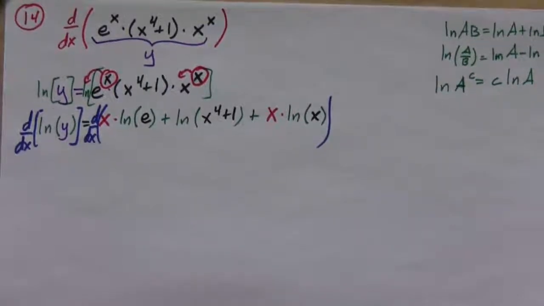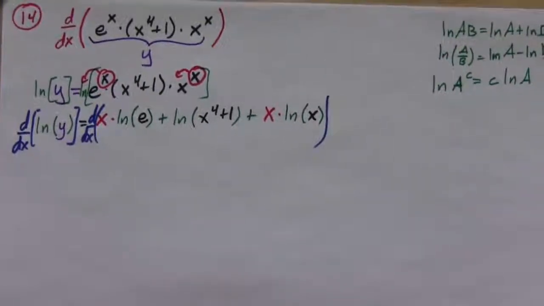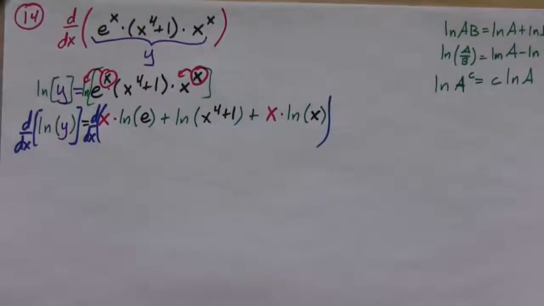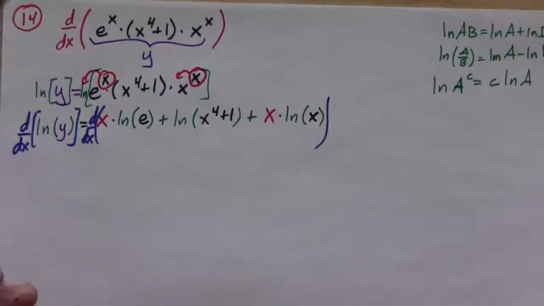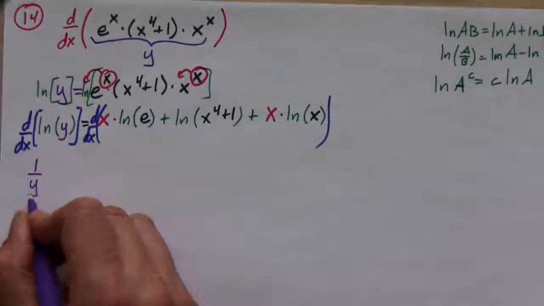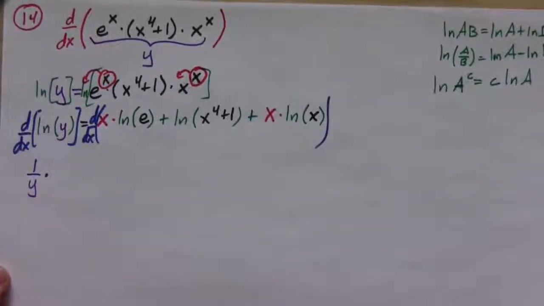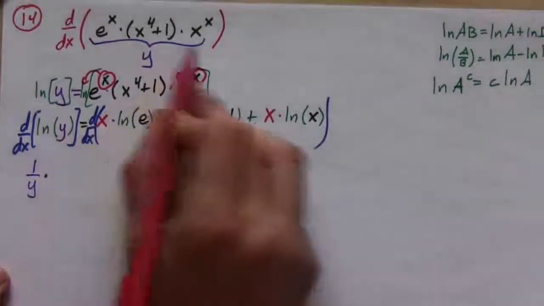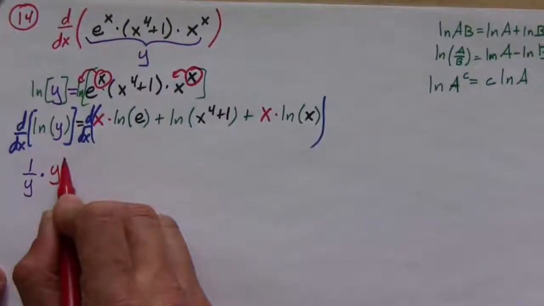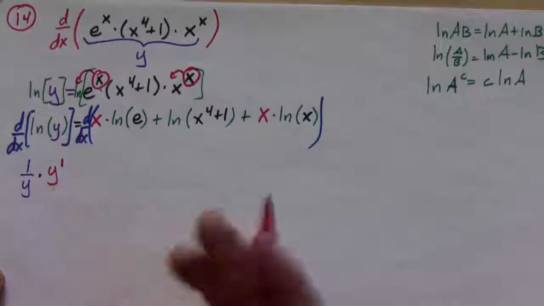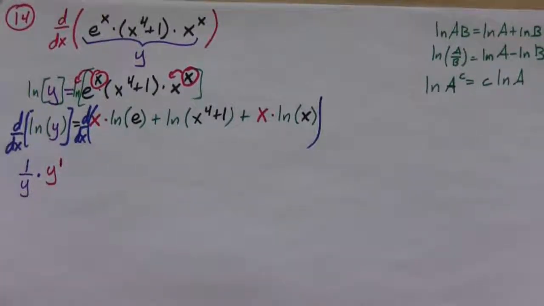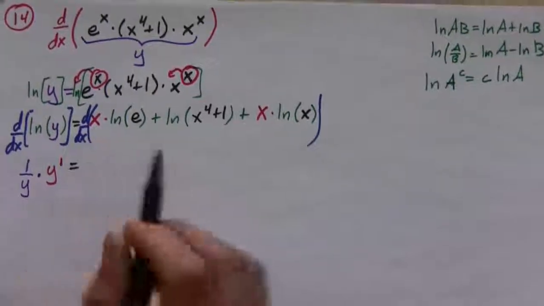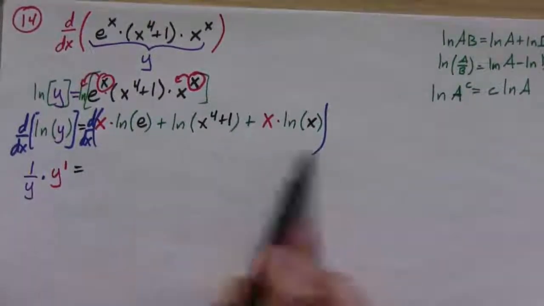Now on the left, the derivative of natural log of y is going to be 1 over y times the derivative of the inside, derivative of y, which I'm going to symbolize by y prime, or if you want to write dy over dx, that's fine. But y prime, for me, is equal to, now I get to get the derivative of all this stuff.